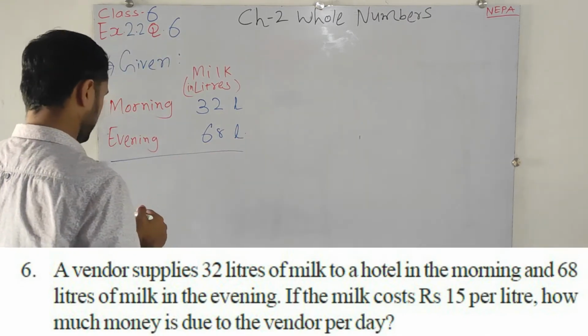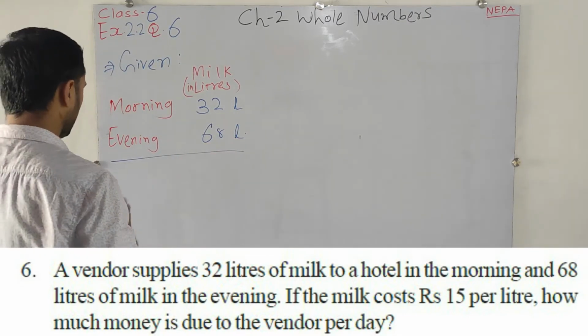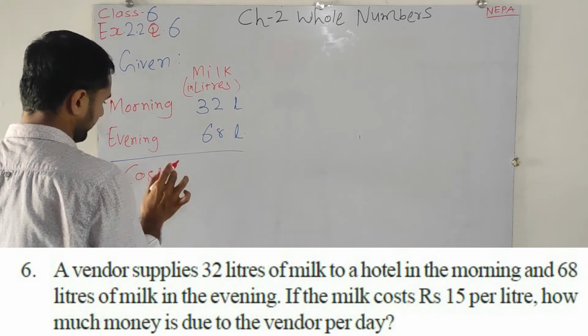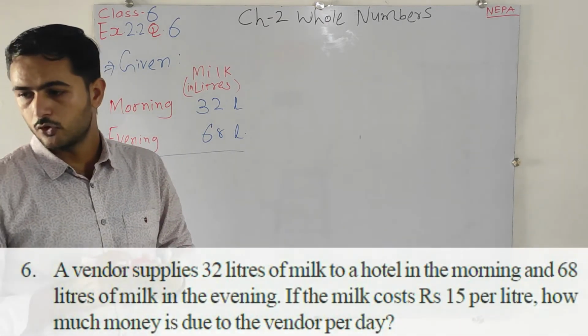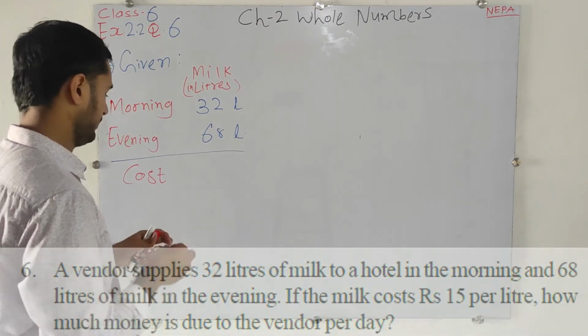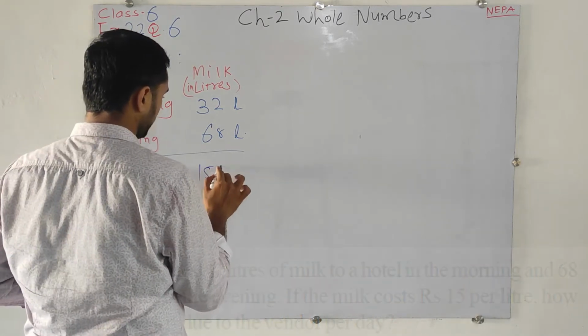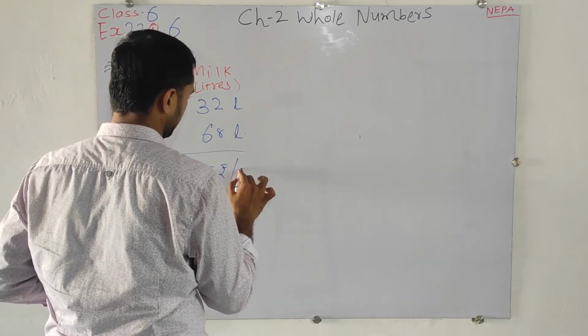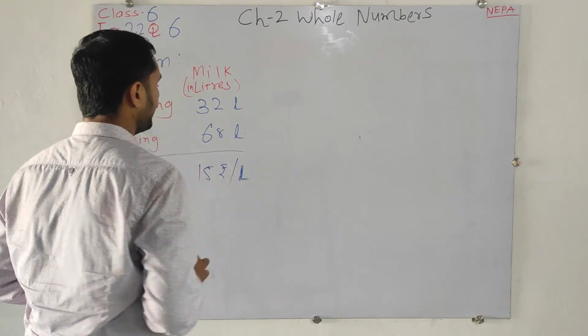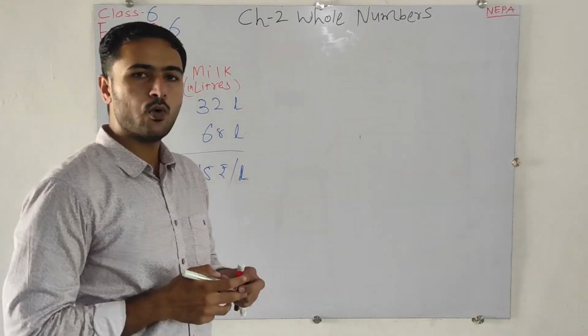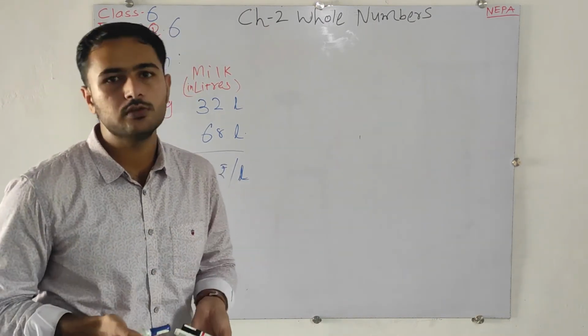And the cost given is rupees 15 per liter. Fine, so that's the cost. So we just have to find the total amount per day.